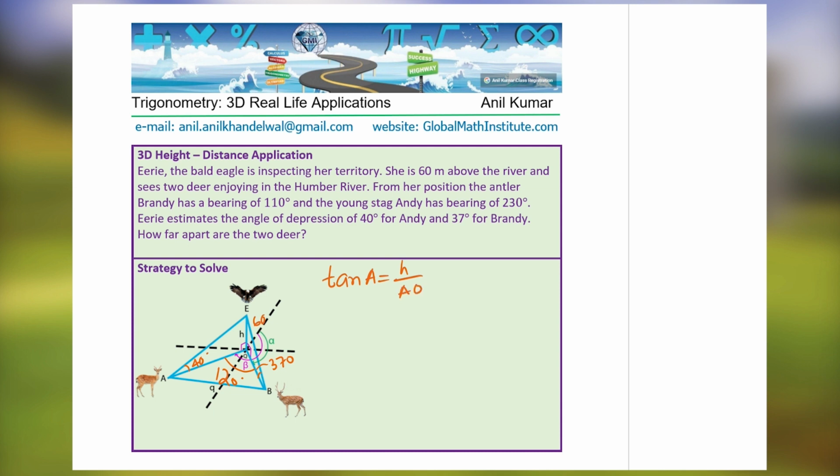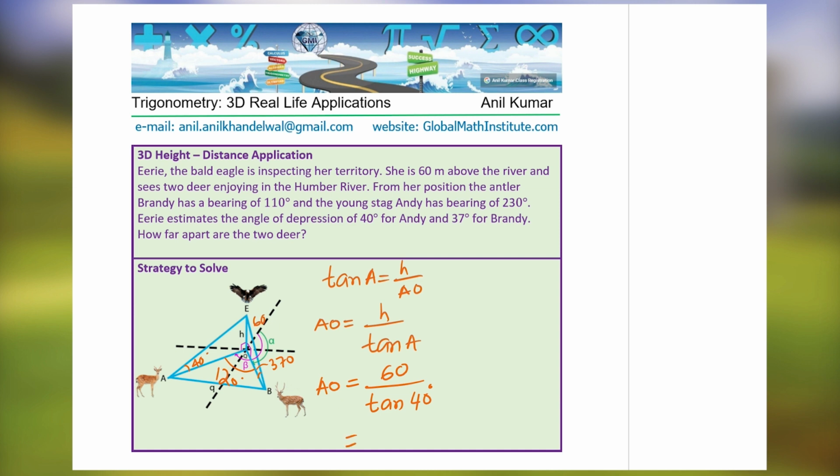And from here, we can say that AO is basically equal to the height over tan A, right? In our case, AO will be equal to height of 60 meters divided by tan of 40 degrees, correct? So that is how you can get AO.